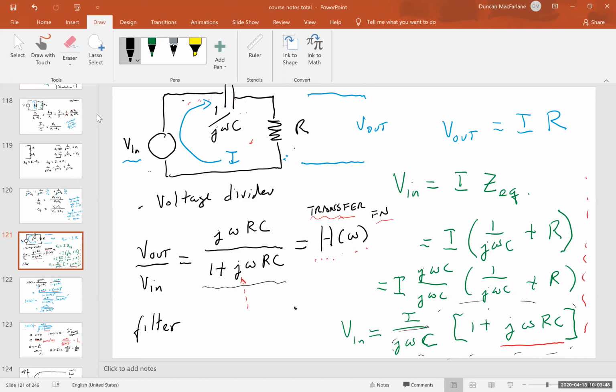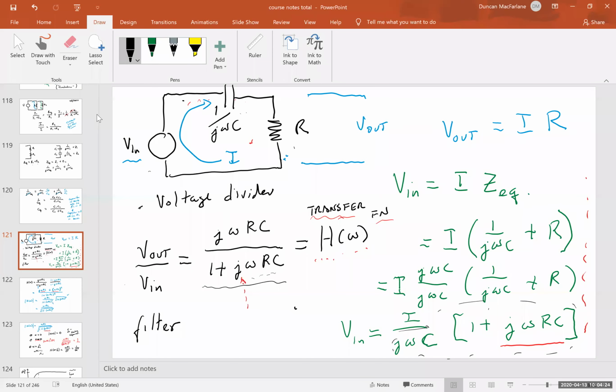And we developed a relationship for the output voltage divided by the input voltage, the output over the input, as a function of frequency, and in terms of the resistor value and the capacitor value. And very interestingly, we saw this connection, this omega RC. If we look at the units of this piece down here, we see that it's dimensionless because we're adding it to 1, which has no units.